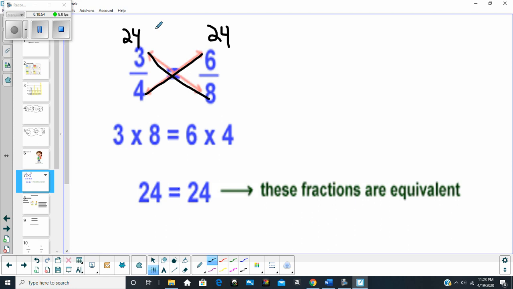And 4 times 6 is also 24. Because you get the same number when you cross multiply your fractions, then you know that these fractions are equivalent. Okay, so let's try another one. 1/2 and 4/8.